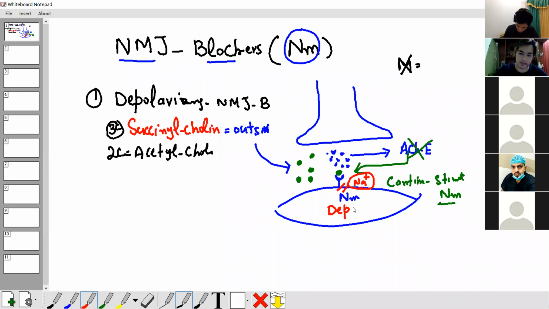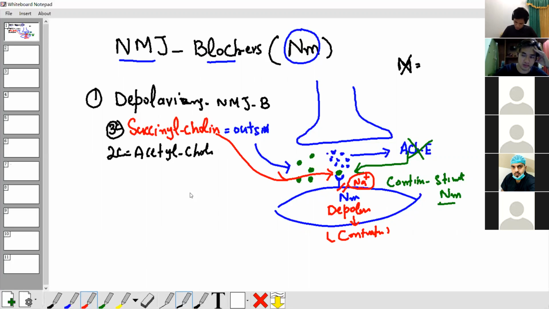Muscle depolarizes. Then after depolarization, the muscle starts contraction. This is a skeletal muscle, okay? This succinylcholine is continuously stimulating this receptor.